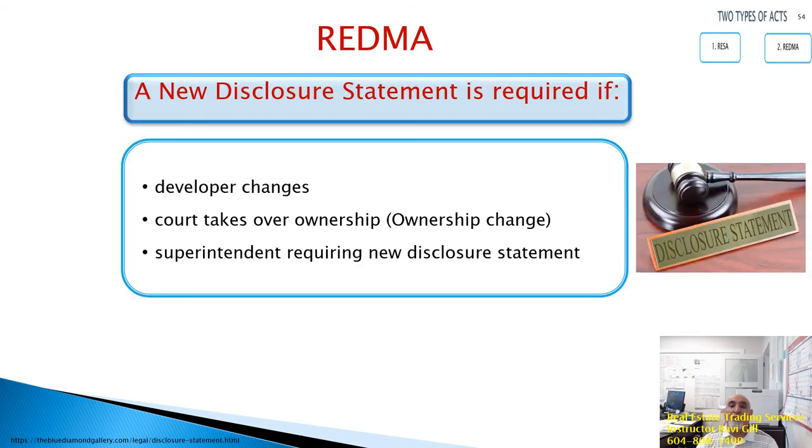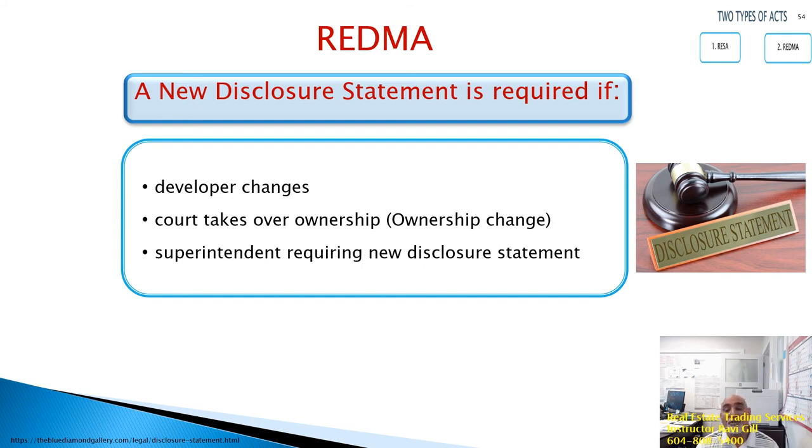Okay, a new disclosure, this is new. Let's say he's already disclosed, but a new disclosure statement will be required if the developer changes. Let's say someone else buys that property. Now that new developer is taking this property, and a new disclosure statement will have to be provided by that developer.